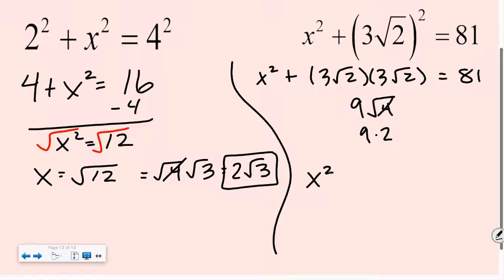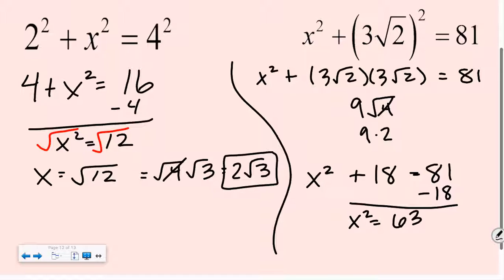So then we get x squared plus 18 equals 81. Subtract your 18 over to the right, so you can get x squared by itself. And you get x squared equals 63. To make x squared x, we have to square root both sides.